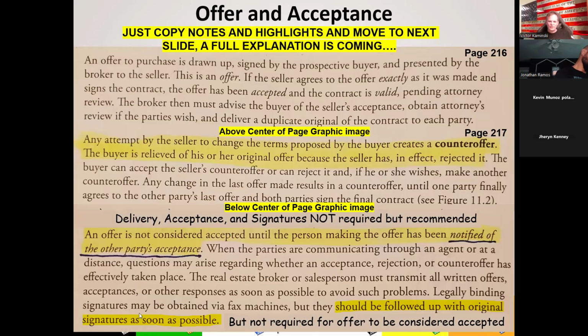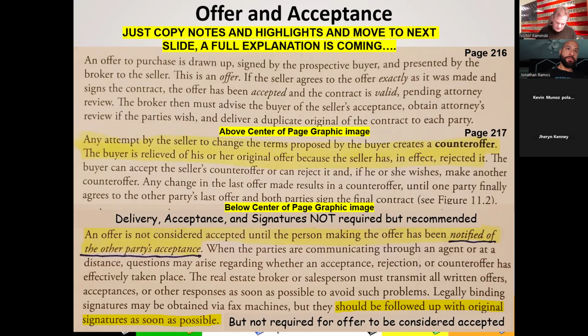Make sure you write these little notes I got down here at the bottom, not required for offer to be considered accepted. The wording is different in my book on 217. I'm sure it is, and I need to make a note of that as well.